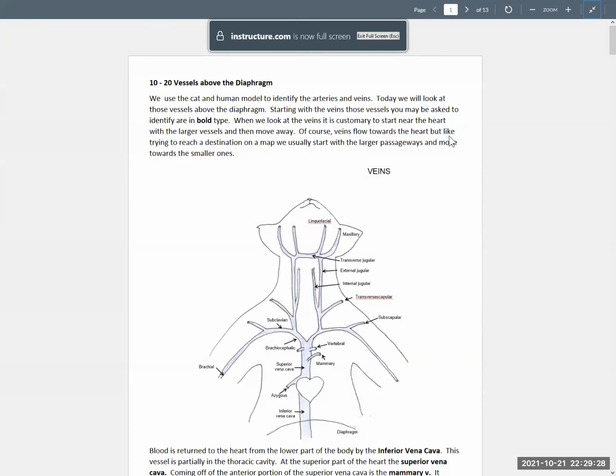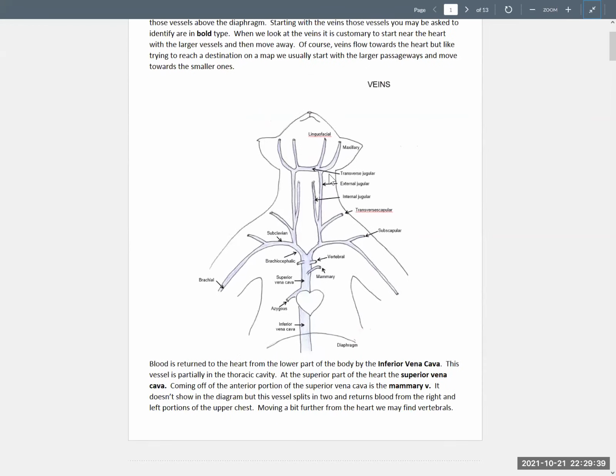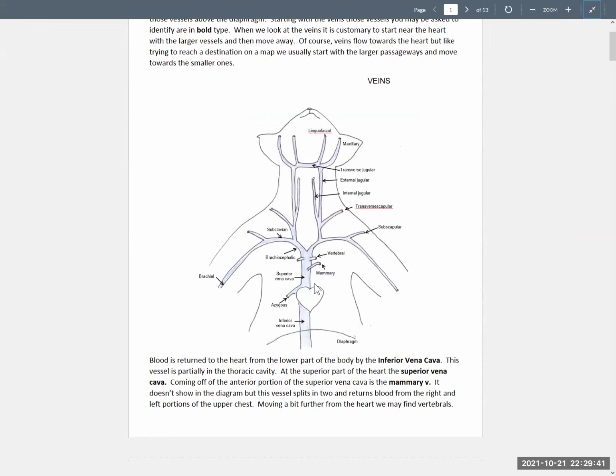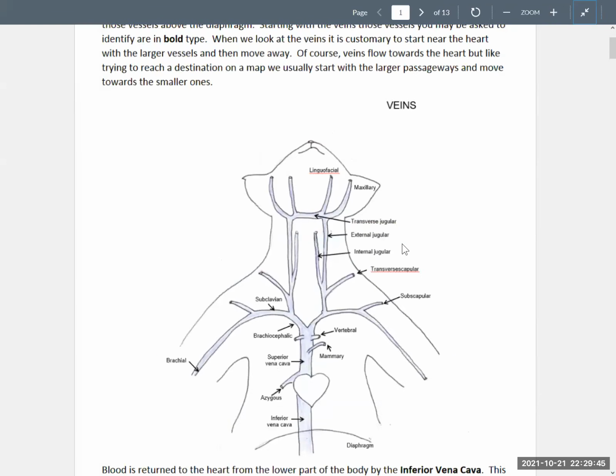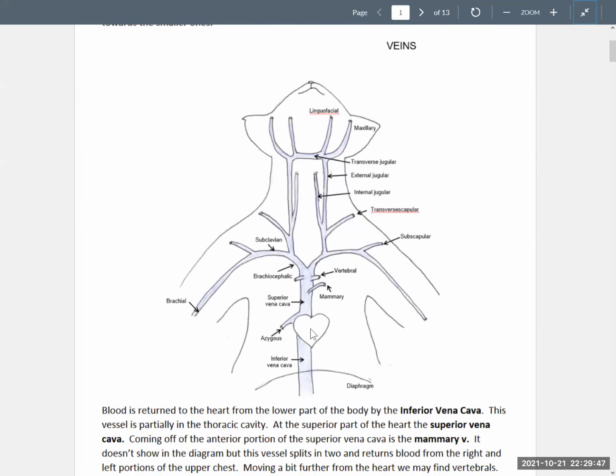These are the vessels above the diaphragm of a cat. Okay, the date's wrong, I see. Sorry about that. These are the veins that you would see. And we can always, of course, identify the heart.